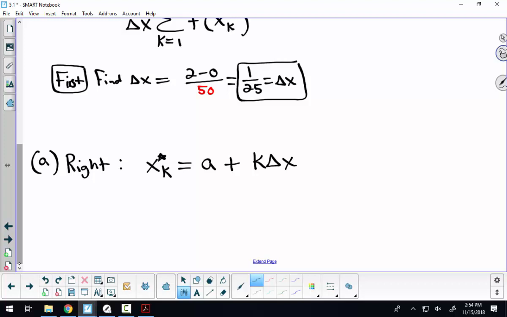So what's our a? 0. k is just k. This x star sub k will be an expression involving k times our delta x, which is 1/25. So our x star sub k is k over 25.